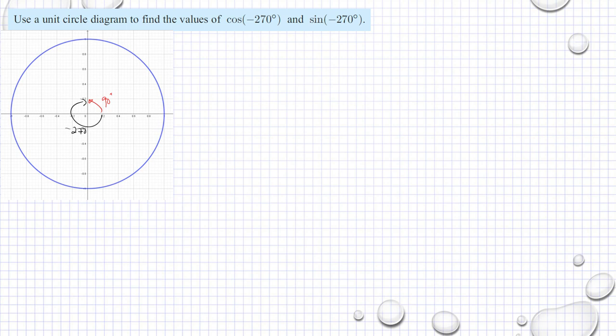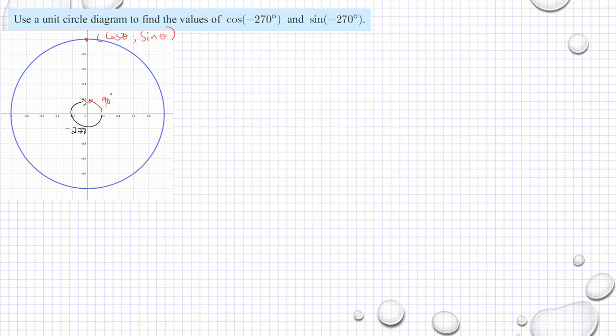So as we can see here, we have the y value, this point, we have cosine theta and sine theta.